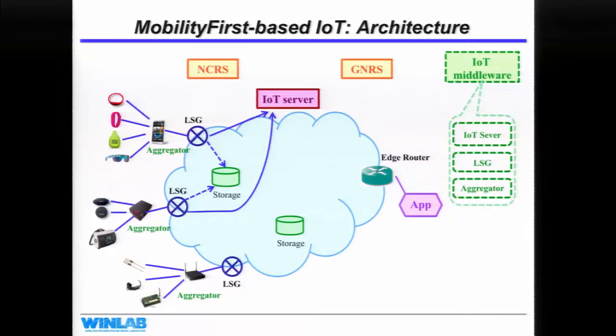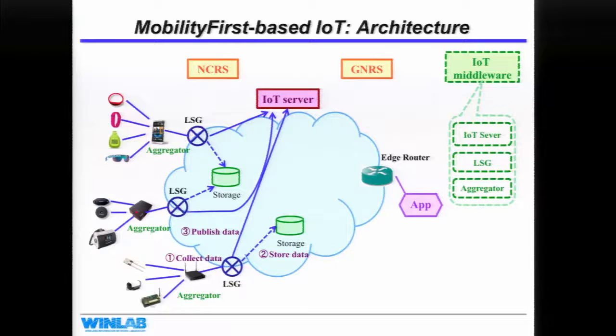Now this figure illustrates how this architecture works. First, the aggregator collects data from sensors and forwards that data to the LSG. LSG can choose to store the data at some data storage location. Then it publishes the data to the IoT server.